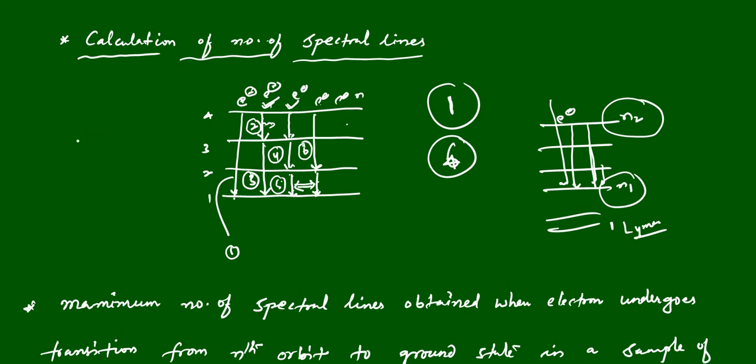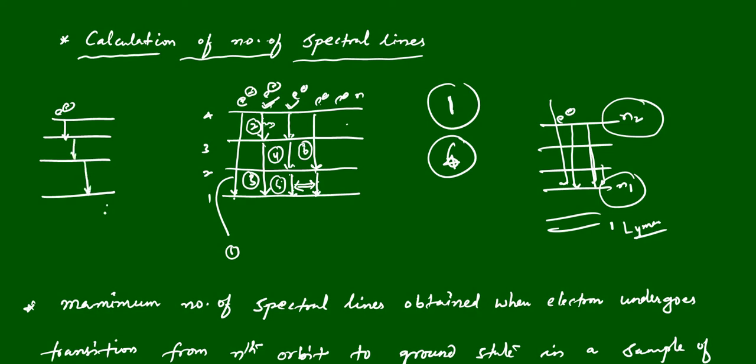But if you take only one electron, an isolated species, for example only one hydrogen atom, and the electron is excited to the 4th level as usual, how many spectral lines can we get at maximum? It may come directly 4 to 3, 3 to 2, and 2 to 1.